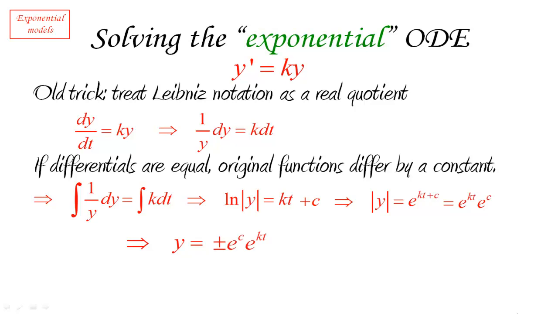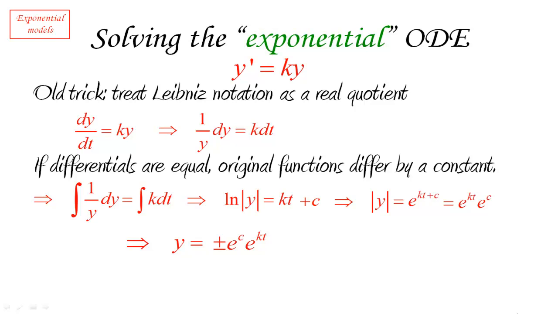But let's think for a minute about it. What's e to the c? Remember, c is the arbitrary constant that we added, so it can be any number whatsoever. Once we take e to the c, we end up with any positive number. Well, the plus or minus simply allows us to include in this general family of functions all the functions where the coefficient in front is any positive or negative value.